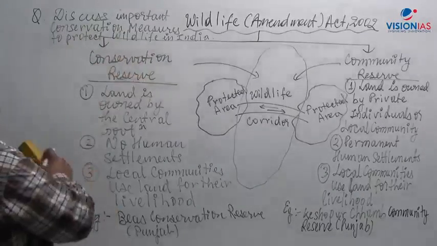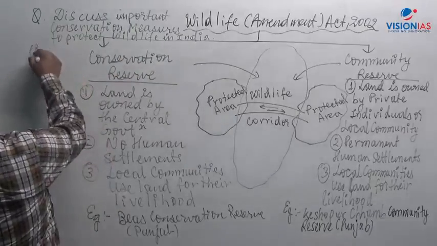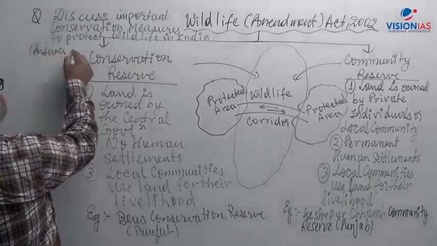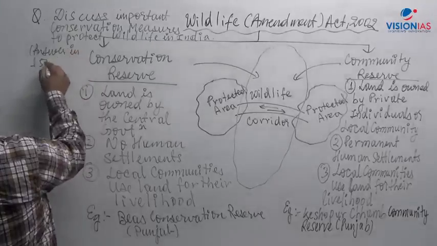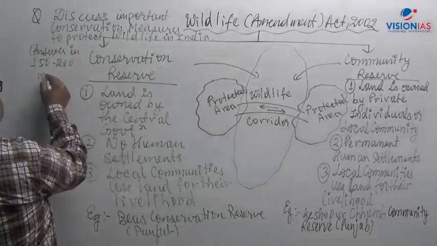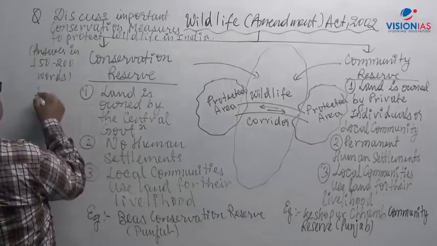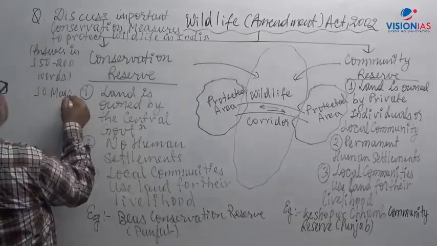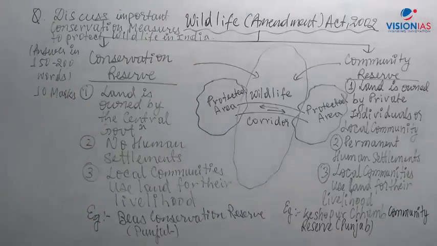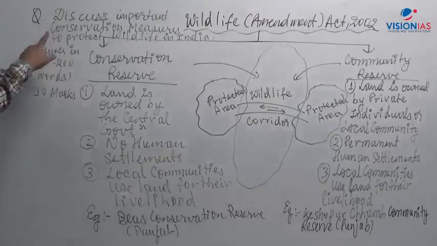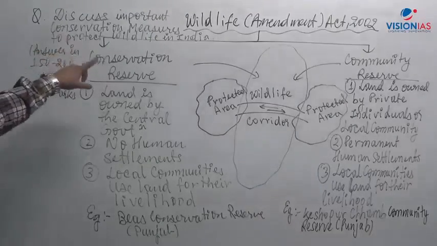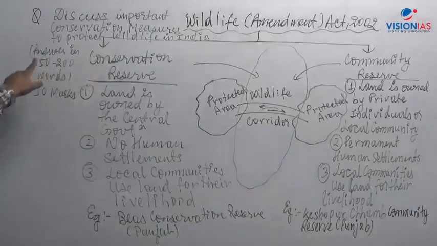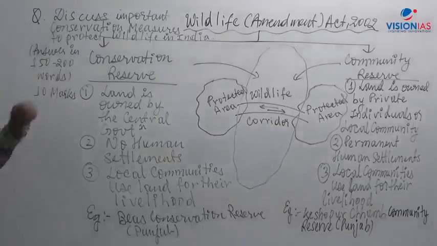You have to answer this question in 150 to 200 words, 10 marks. What is the homework question here? Discuss important conservation measures to protect wildlife in India. Answer in 150 to 200 words, 10 marks.